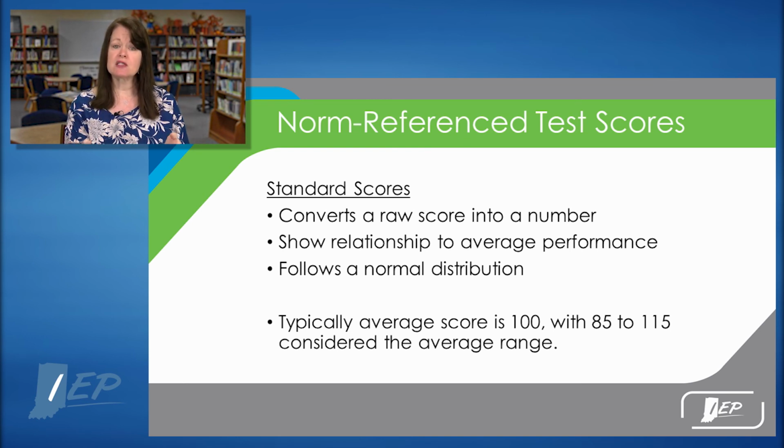Now some of our tests will specifically categorize 90 to 110 to be the average range, the hardline average, but within 85 to 115, that is one standard deviation on either side of that mean of average, and that is still considered to be within normal limits, or within where most people are going to fall who are tested.